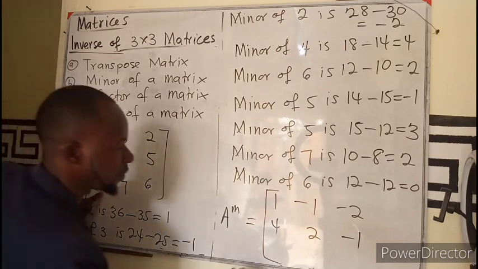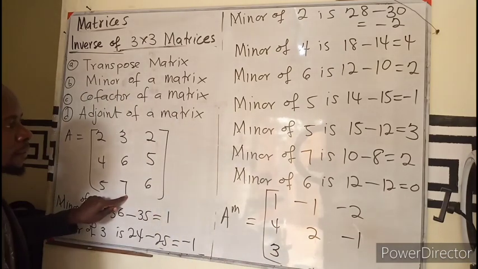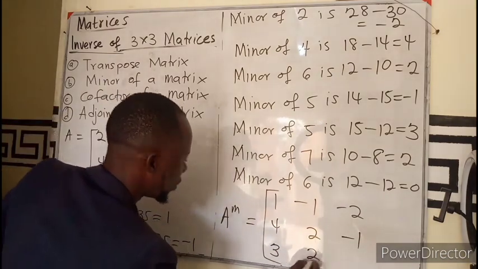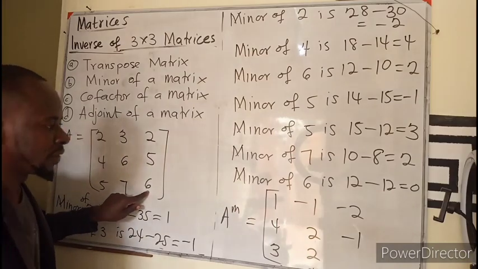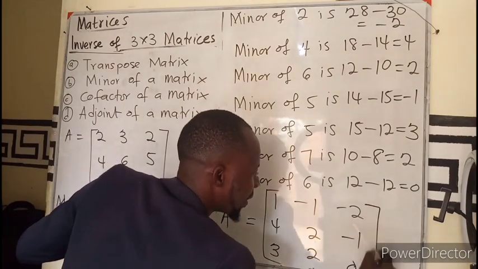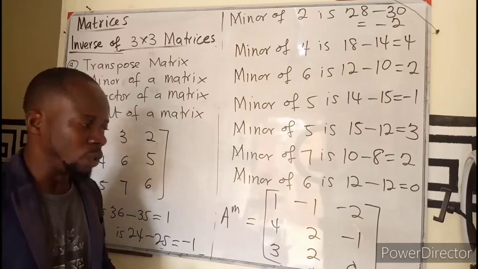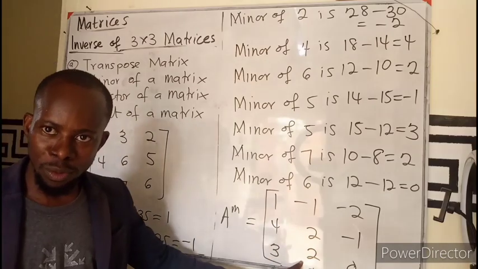The next 5, 3, 7 will be 2, and 6 will be what? 0. So this is the minor.